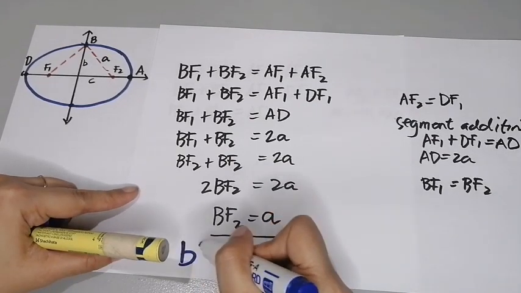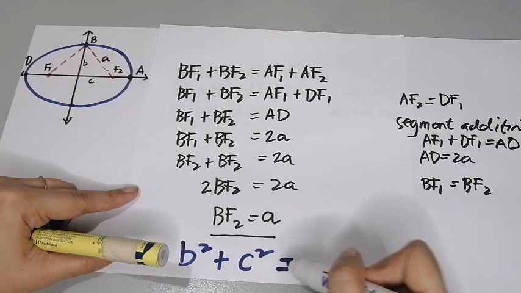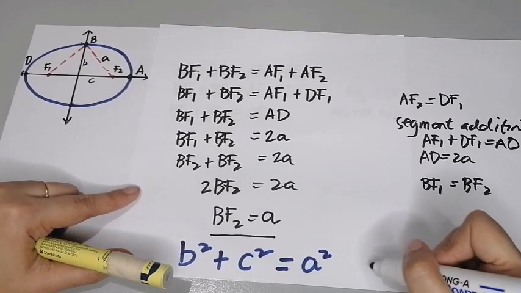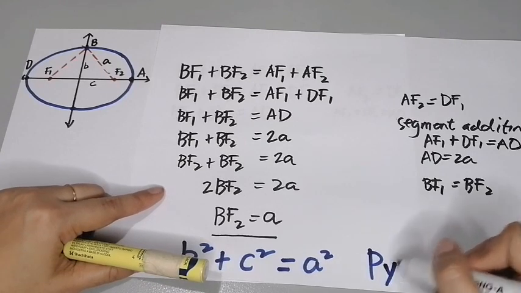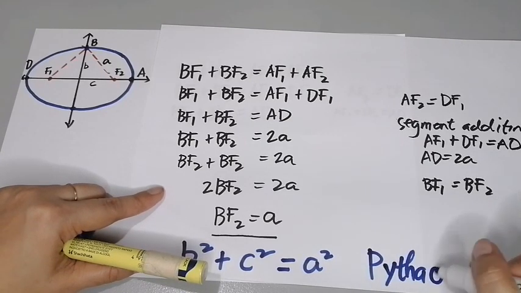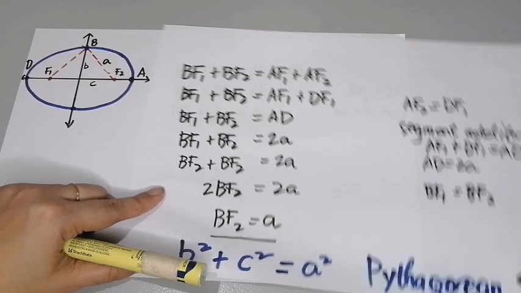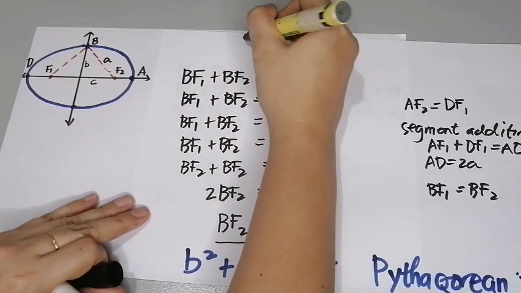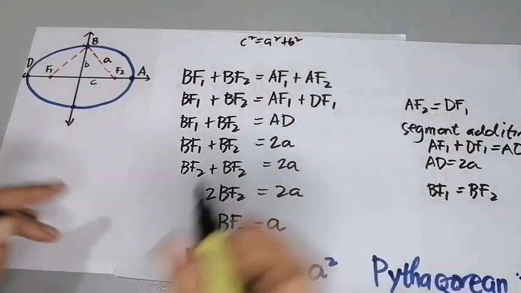Therefore, B squared plus C squared is equal to A squared by the Pythagorean theorem. Do not get confused with the original formula for the Pythagorean theorem, which is C squared equals A squared plus B squared.